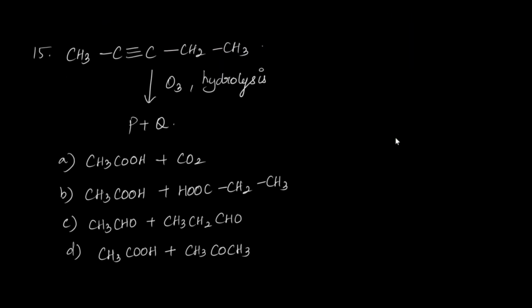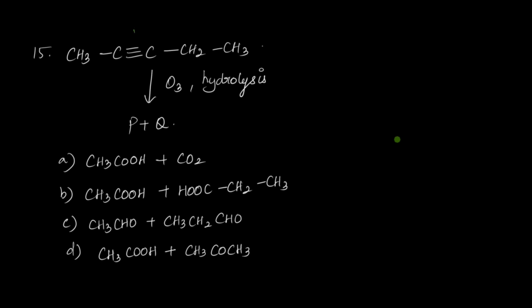Then the 15th one. Ozonolysis must be there in your question paper. Whatever the exam, whatever the year you are writing, ozonolysis is very, very important. Here you can see ozonolysis with hydrolysis. So here I'm having a triple bonded system: O3 followed by hydrolysis. So what can you expect? Here I'm having CH3 triple bond C CH2 CH3.